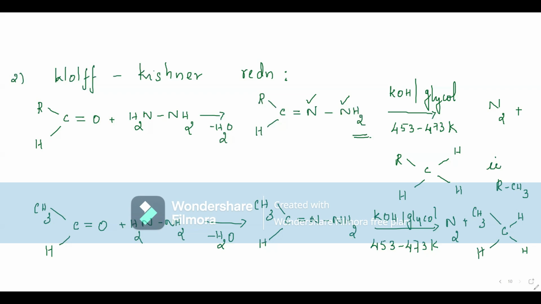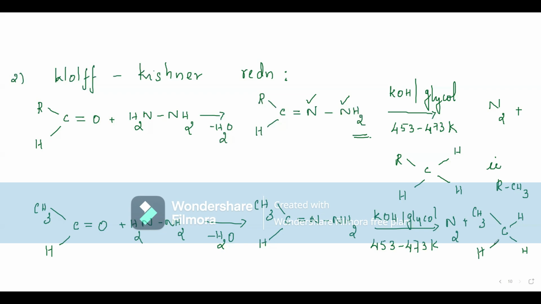Now, to conclude with these two reductions, whether it is Clemmensen reduction or Wolff-Kishner reduction, both convert aldehydes or ketones to the corresponding hydrocarbon. If your aldehyde or ketone is sensitive towards alkali, then we prefer Clemmensen reduction, because in Clemmensen reduction no alkali is used.